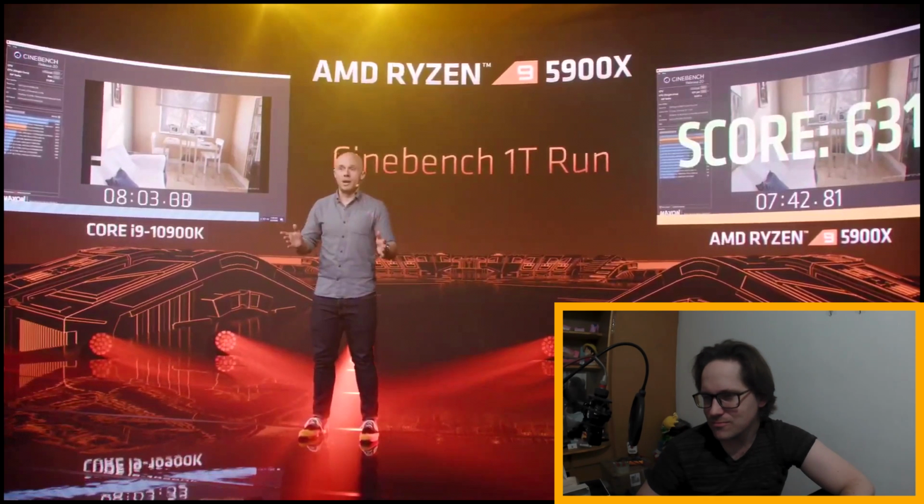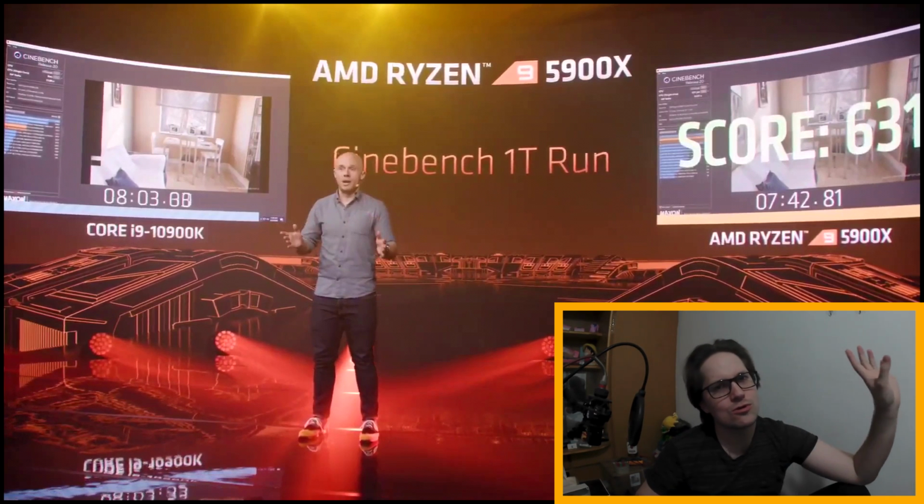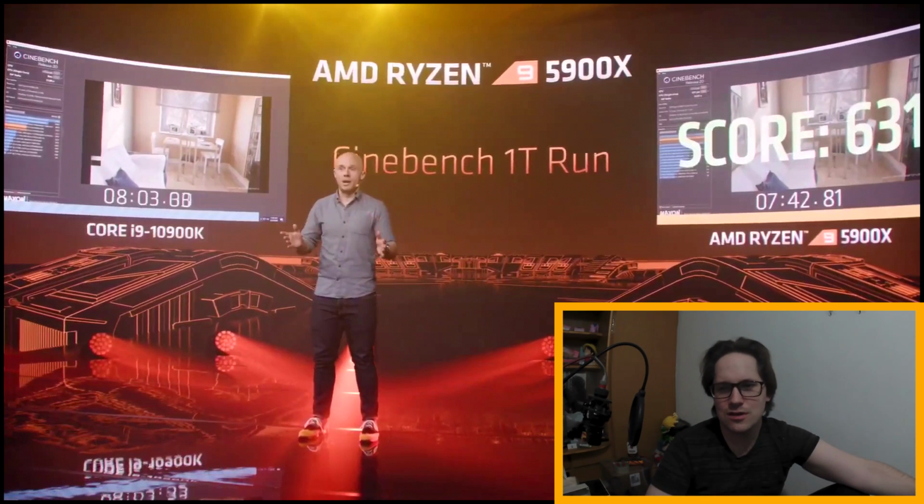And there is no one CPU to rule them all. Some CPUs, like Intel, might be good at this workload, AMD might be good at that workload. So whenever one of my friends asks me, hey, I'm gonna buy a new computer, what should I get, AMD or Intel? I say, well, what kind of programs do you use? And then we just go on from there.